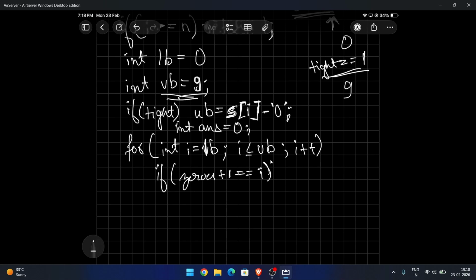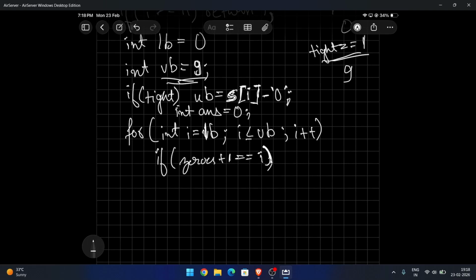So now we can ignore the tight, and we can ignore the previous condition because the previous will be 0 only. Okay, so now we can put anything.